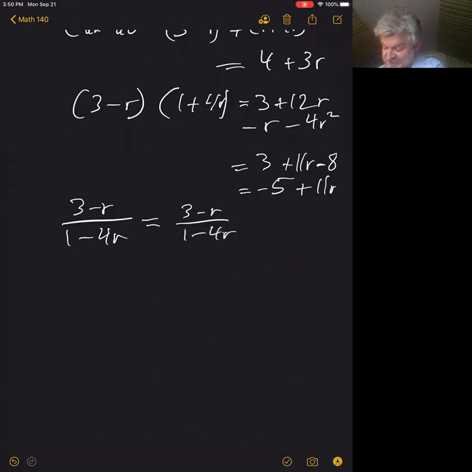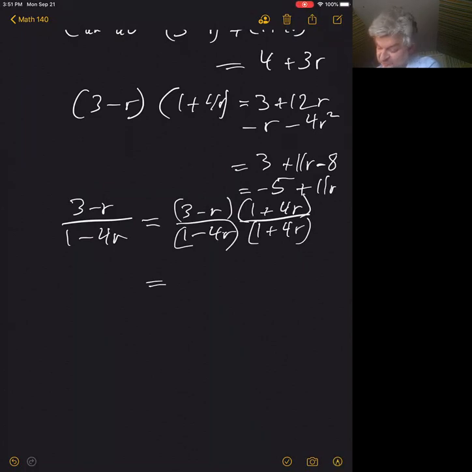So we take this fraction, multiply top and bottom by 1 plus 4R. So it doesn't change the value. And now I've set up my example so that we've already done the multiplication in the numerator. See, that's just this previous problem which we just did. So I will get negative 5 plus 11R.